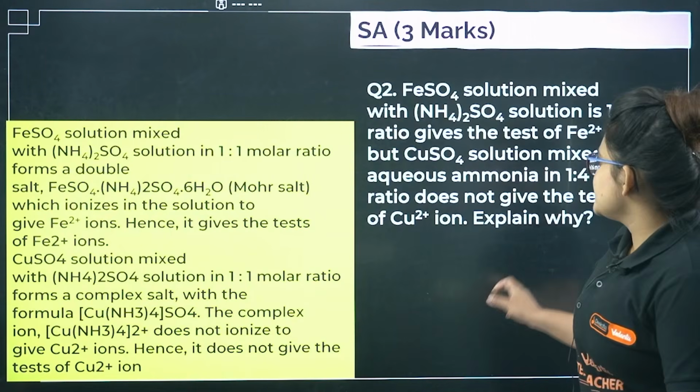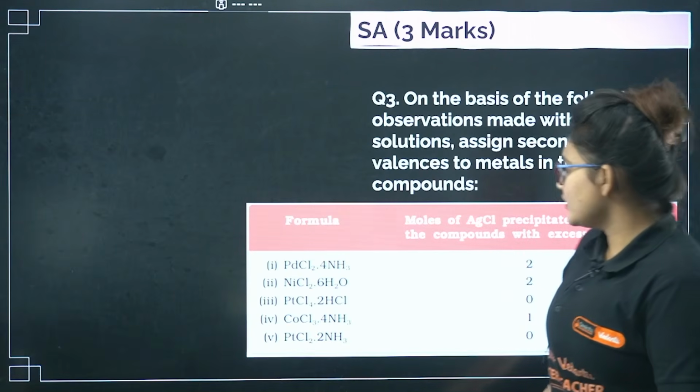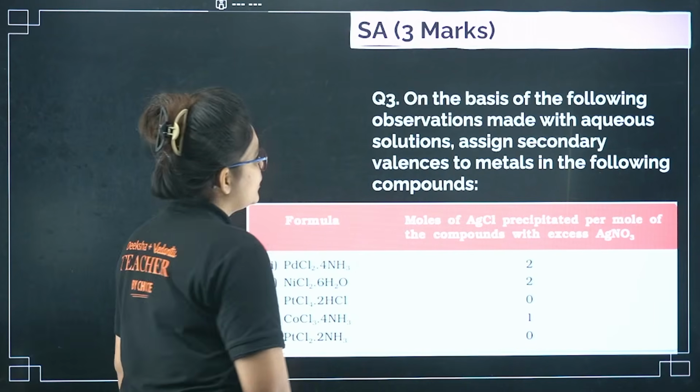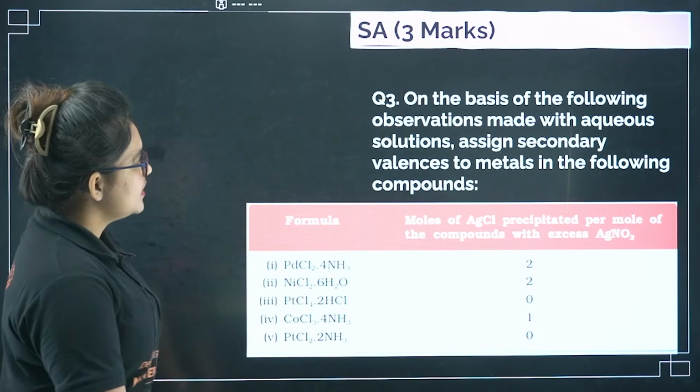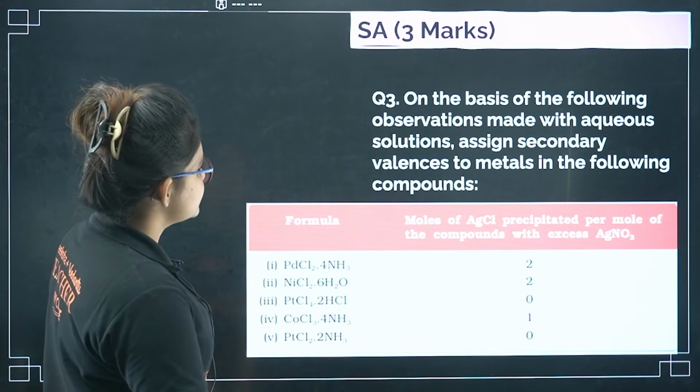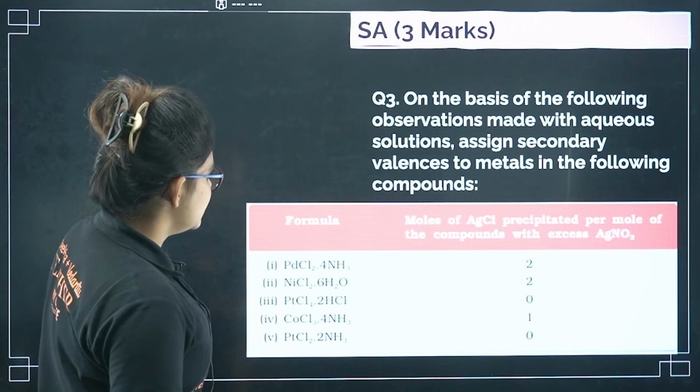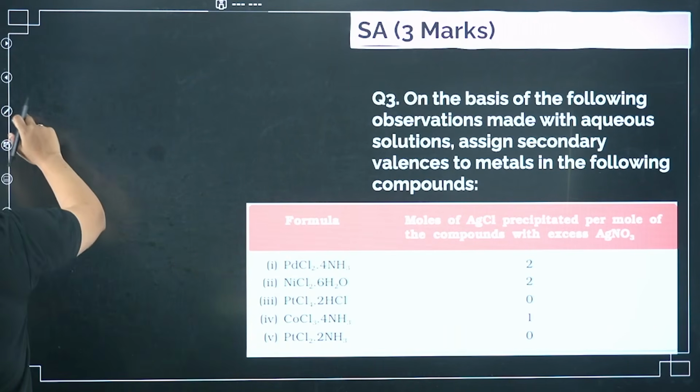Okay, let's proceed further. On the basis of the following observation made with aqueous solution, assign the secondary valencies to the metal. So one by one we will do.